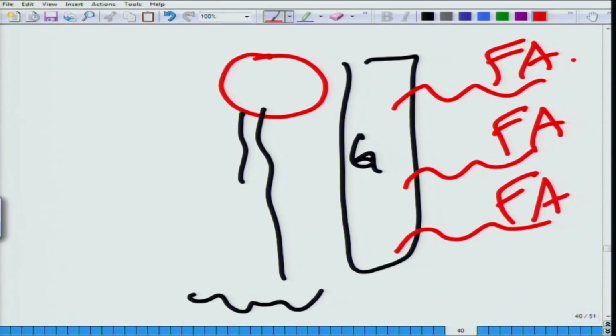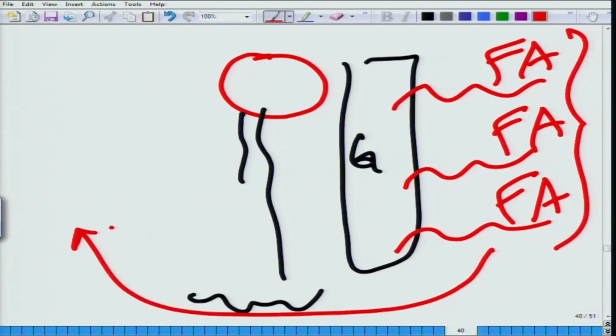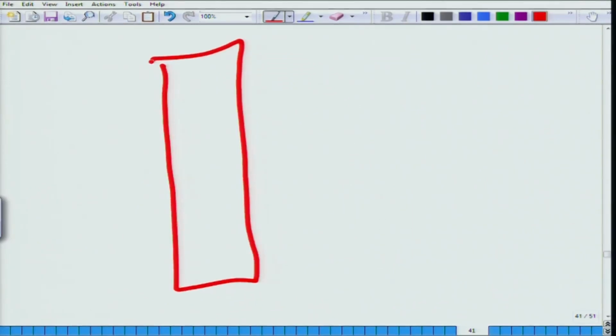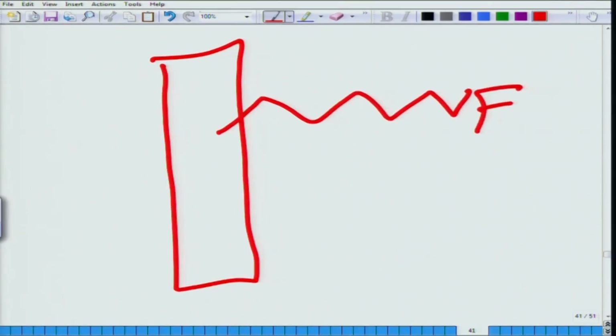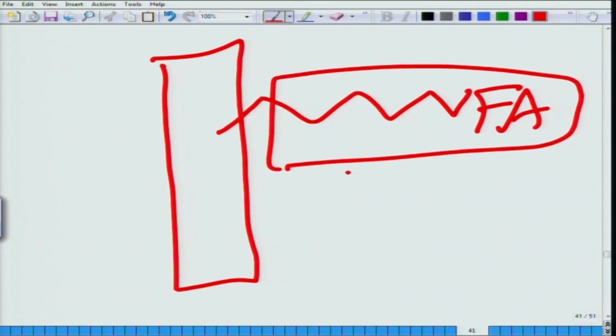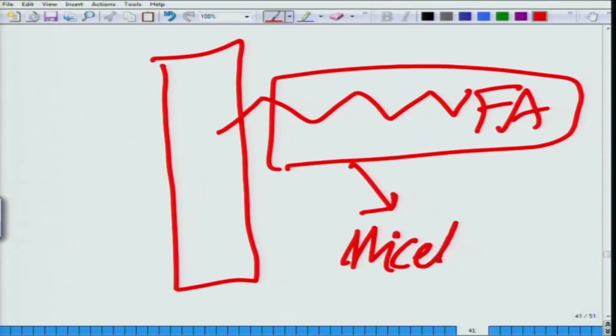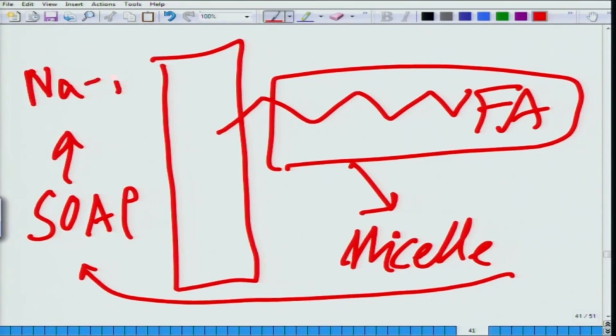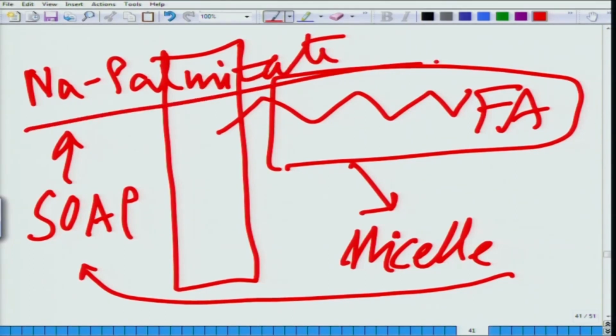These kinds of structures prefer to have a bilayer, whereas if you have a single fatty acid chain like this, these prefer to form a micelle. One such example, which is used in soap, is sodium palmitate. Sodium palmitate invariably will form a micelle, as compared to phospholipids and glycolipids.